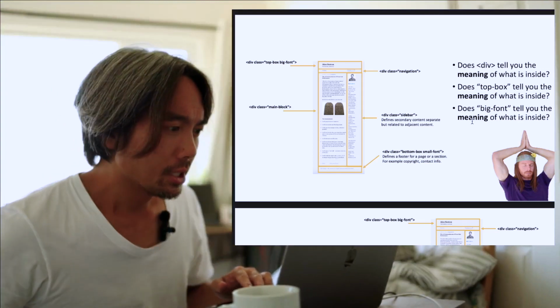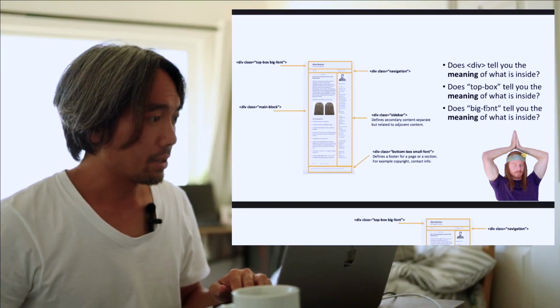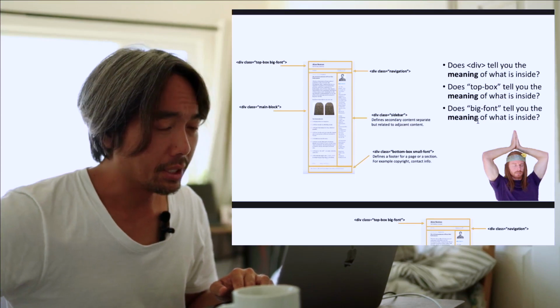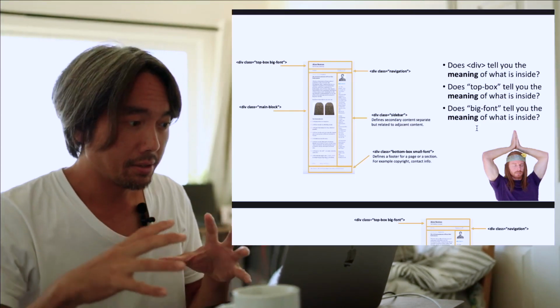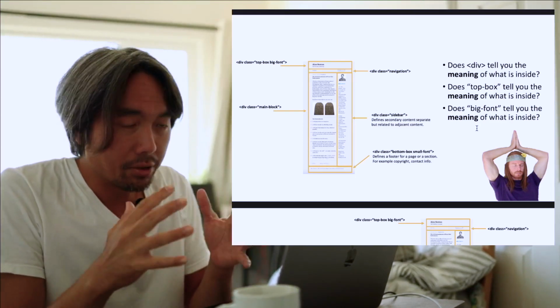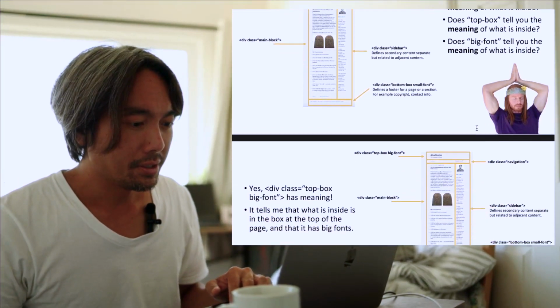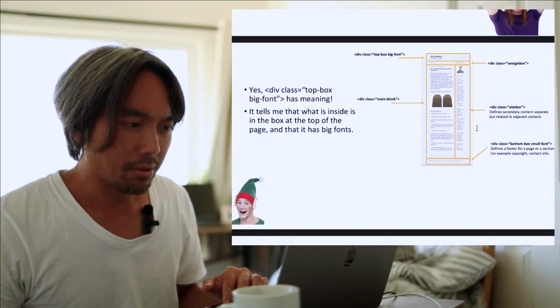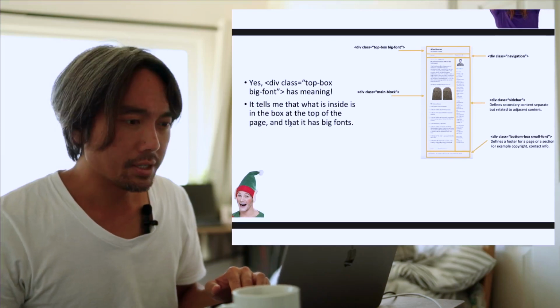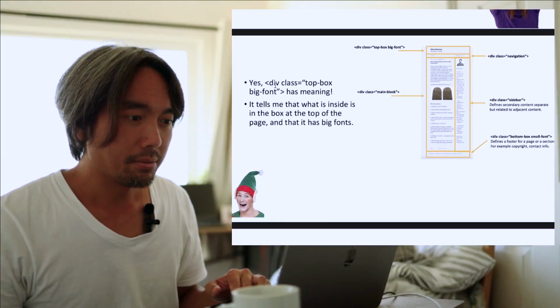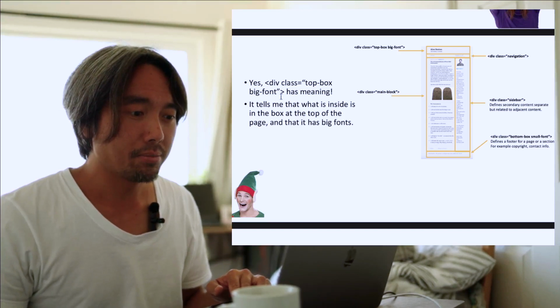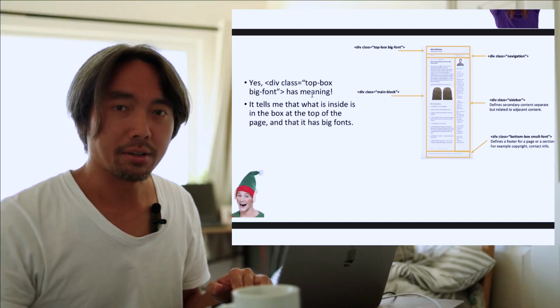Focus, focus. Okay, big font. Does the class big font tell you the meaning of what is inside that div that you're wrapping and putting that big font class on? Okay, and let's see, what does the elf say? The elf says here, yes, div class top box big font has meaning.